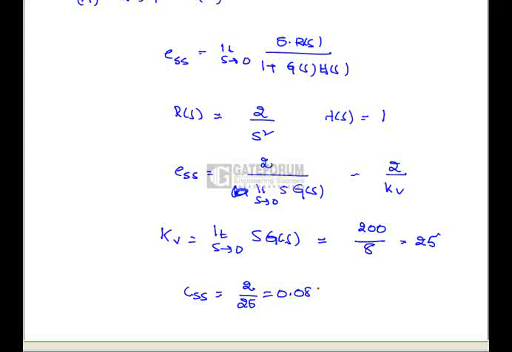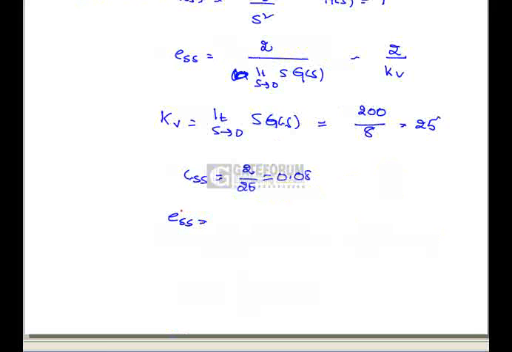So if we reduce the steady state error by 5%, the new steady state error, after reducing, equals ESS minus 5 by 100 into ESS, which is equal to 0.076.